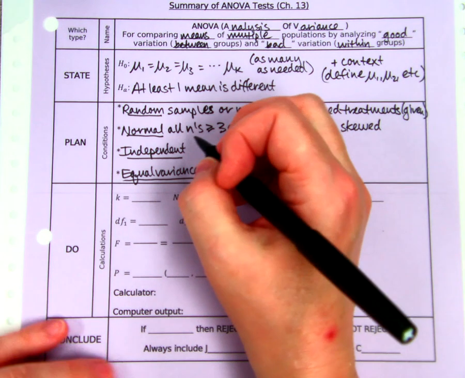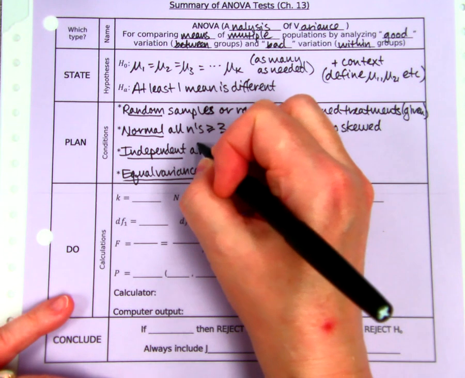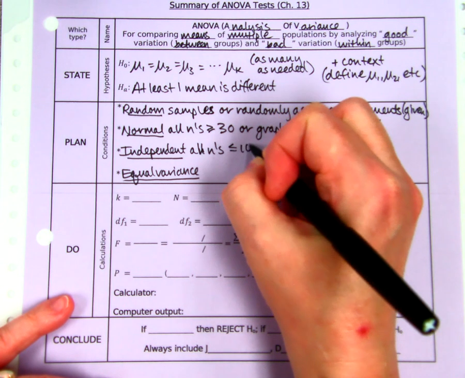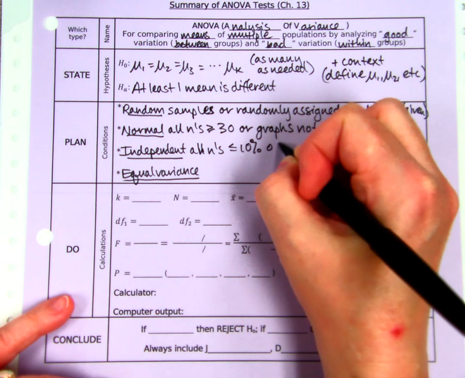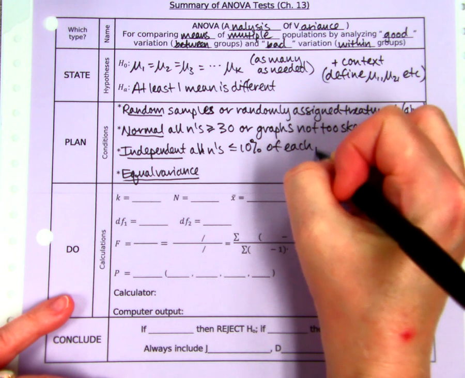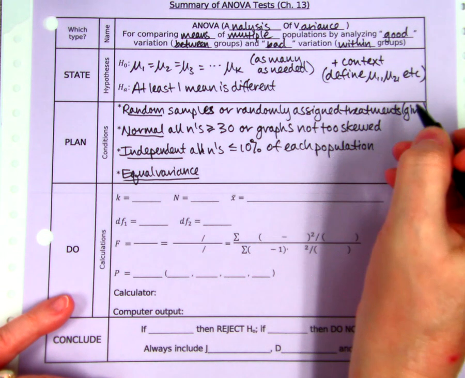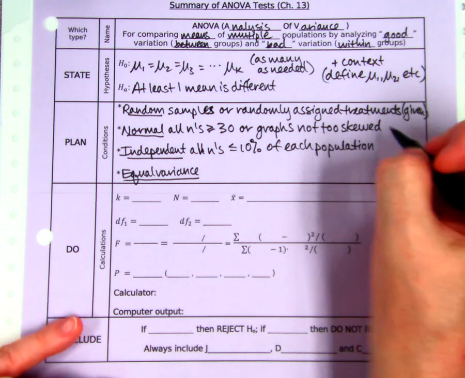Independent, same as we've done before, all the n's, all the sample sizes for all the samples have to be less than 10% of their population. Or if you have randomly assigned treatments, then that would cover that.